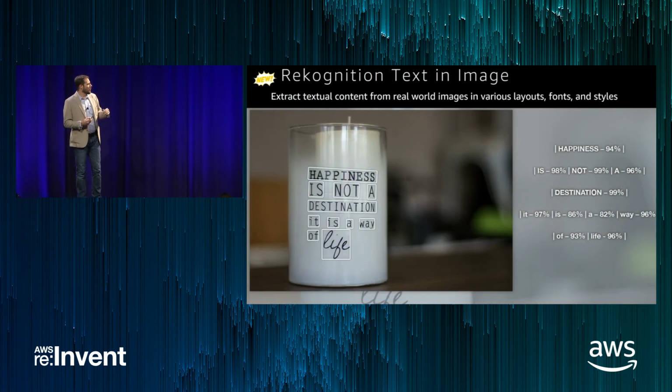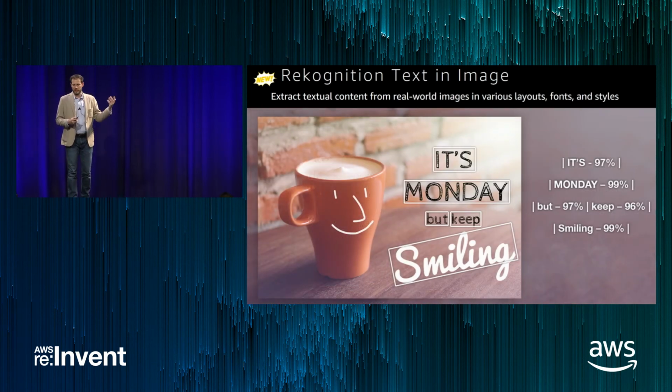And it works not only on printed text, but also on heavily stylized fonts, almost handwritten. And in this image, you can see that it's both horizontally aligned and stylized, almost 30 degrees oriented text.